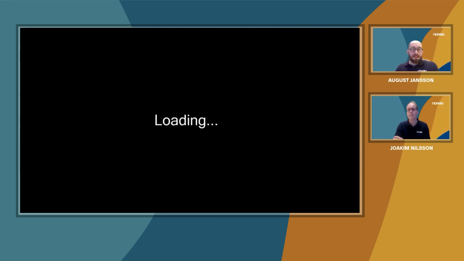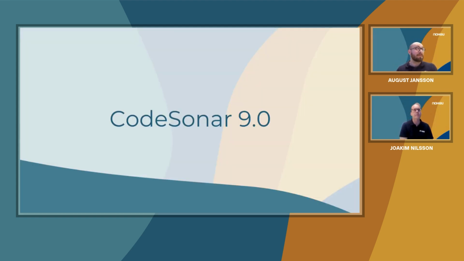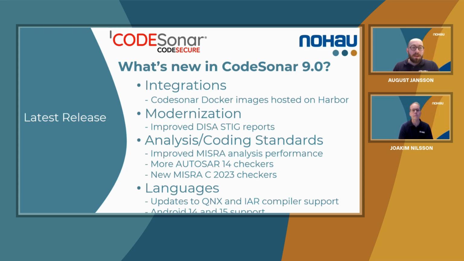So let me bring up the presentation again, and we will talk a little bit about what is new in CodeSonar 9.0, which was released this quarter. You will have some new integrations with Docker Harbor hosted images of Docker containers.